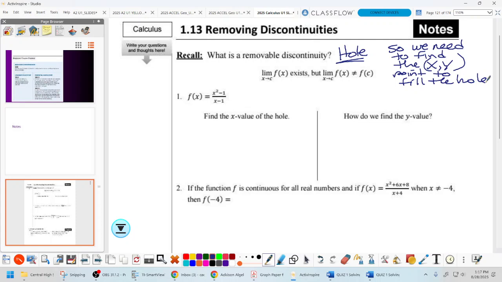You recognize that when we have the hole, it's because we have an issue with the denominator. So how do you fill it? You can't just plug in the x value of the hole to find the y value, right? So, how do you find the x value of the hole?